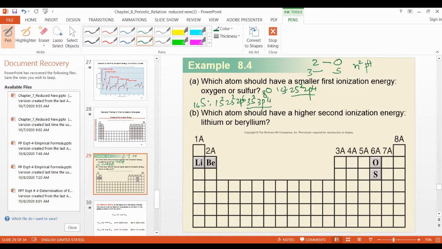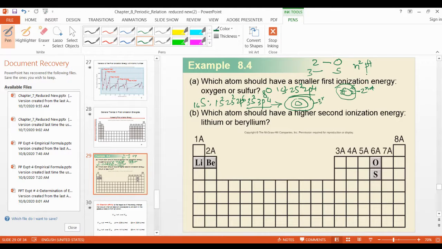So the question is, for which one is the first ionization energy higher or lower? This is the third one, the sulfur. Sulfur has 3s2, 3p4, a total of 6 electrons, and it has a third shell. The third shell is away from the nucleus, and this is the second shell.